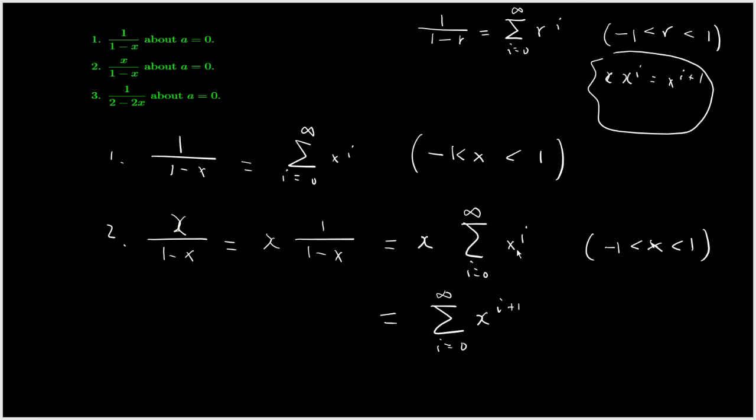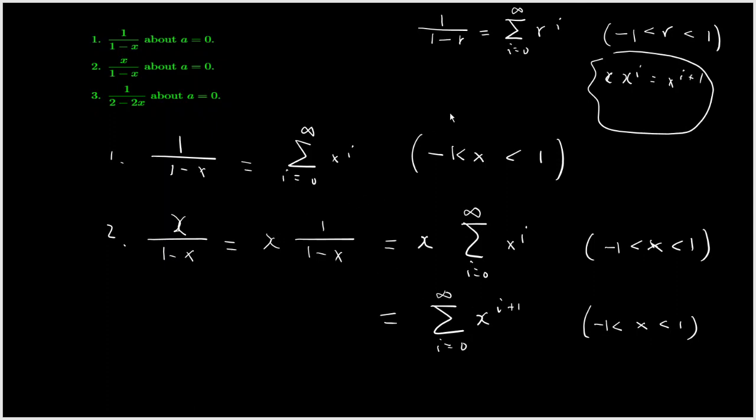Again, whenever writing a series representation of anything, specify the interval of convergence. So this is true only when x is in between -1 and 1. Okay, so we're done with question 2.